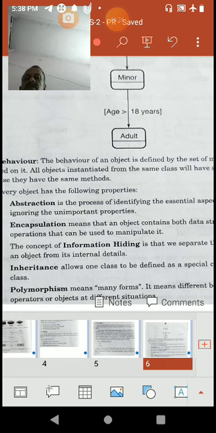Number four, to provide multiple user interfaces.